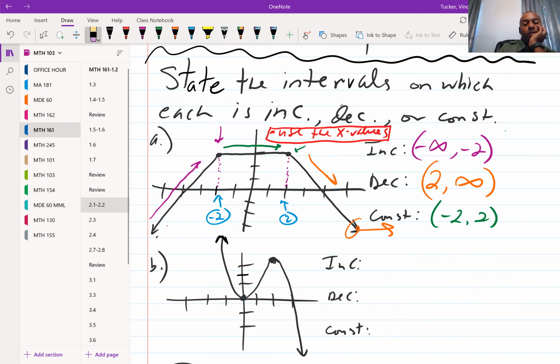So here, same type of deal. We follow from left to right. So this time we're going down. So that's coming from negative infinity to 0. Remember, we're looking at this point right here where x is.